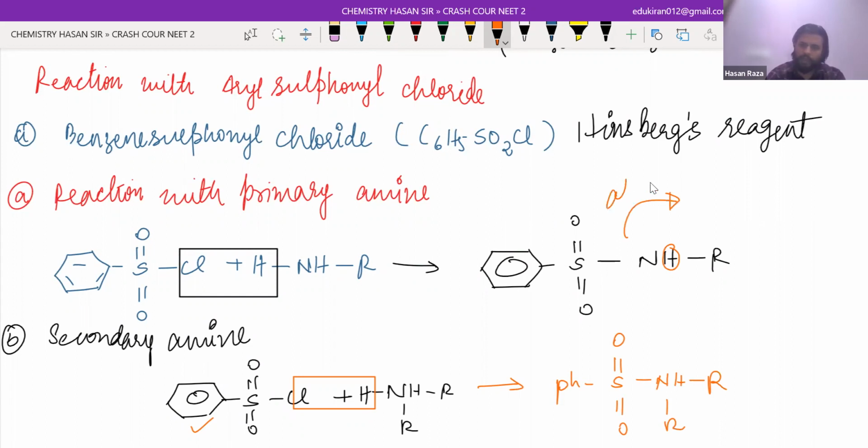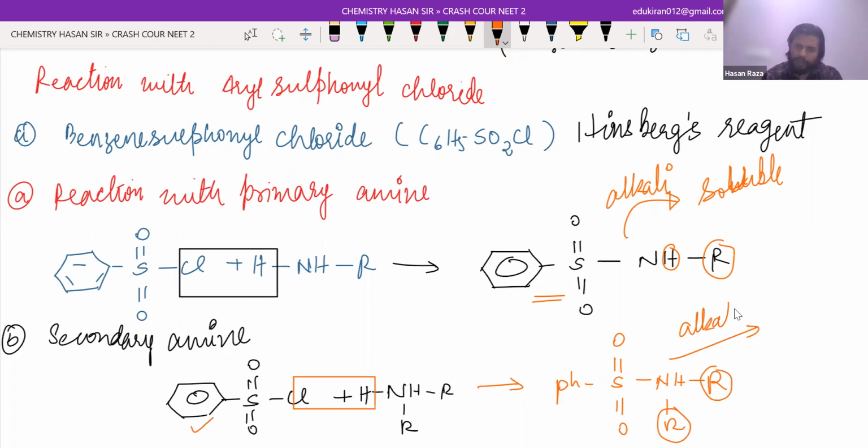Always remember that. There has been a question asked which one is soluble and which one is not. So this is your N-alkyl benzene sulfonamide, and this is your N,N-dialkyl benzene sulfonamide, and it is not soluble. If you are going to dip this in alkali, it will be insoluble. But due to this hydrogen, it will be soluble.